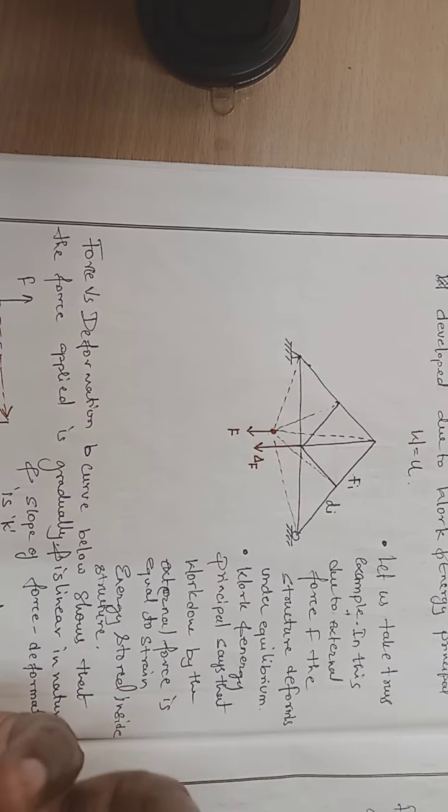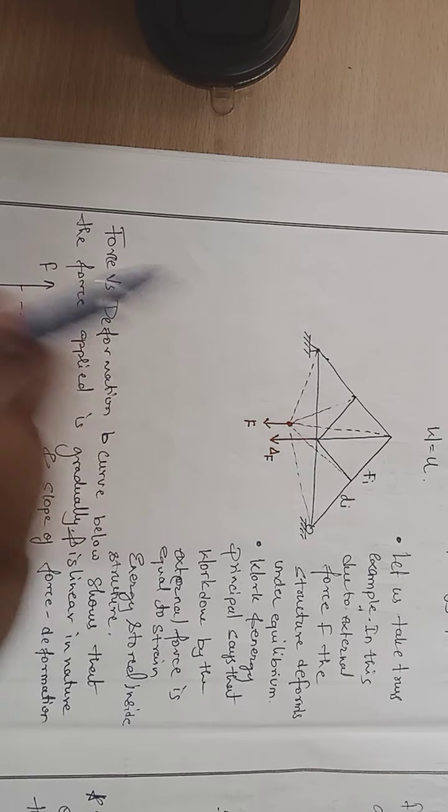Next, the work and energy principle says that work done by the external force is equal to the strain energy stored inside the structure. Due to this external force, work done is nothing but strain energy stored inside the structure.